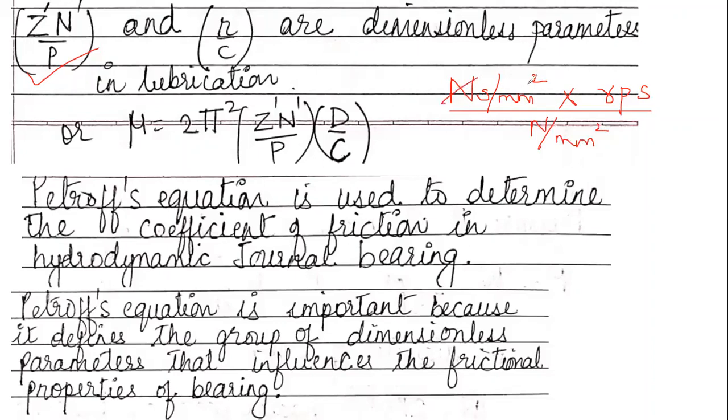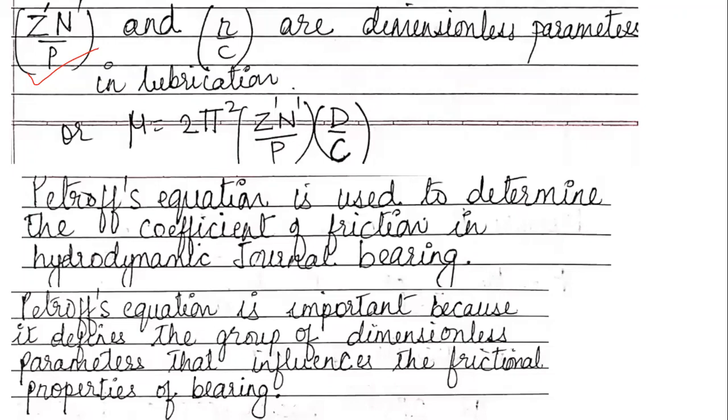You can see Newton per mm square gets cancelled and revolutions per second gets cancelled. So this whole is a dimensionless number. Same way r by c. So see, it's written z dash n dash by p and r by c are dimensionless parameters in lubrication.